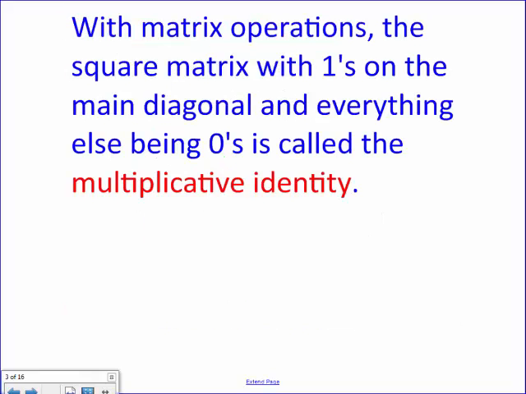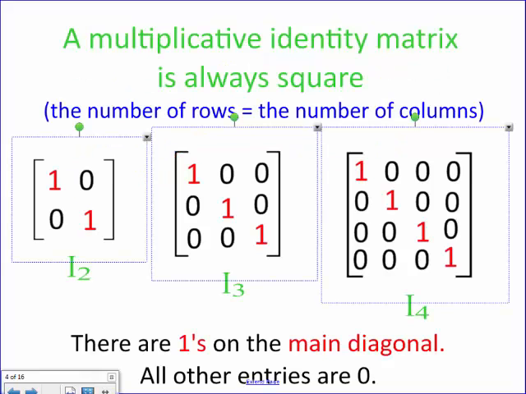So with matrices, understand that the square matrix with 1s on the diagonal and everything else being 0 is called the multiplicative identity. For example, these ones that we looked at previously. If I have a 2 by 2, like if I'm trying to solve for an x and a y, I want this identity right here, 1, 0, 0, 1, right? The 1s are on the diagonal.